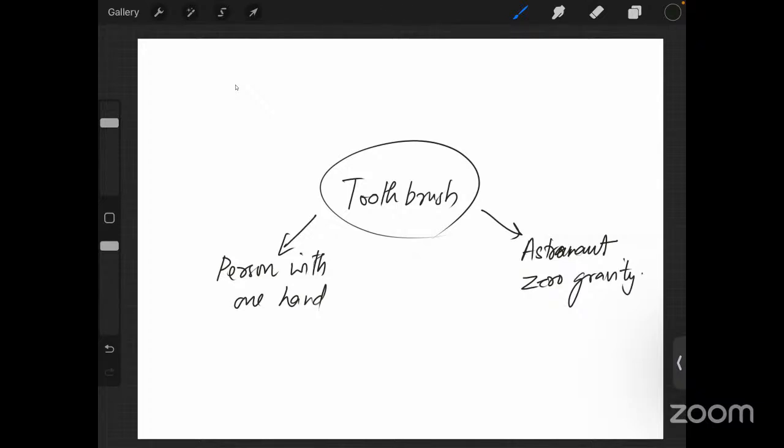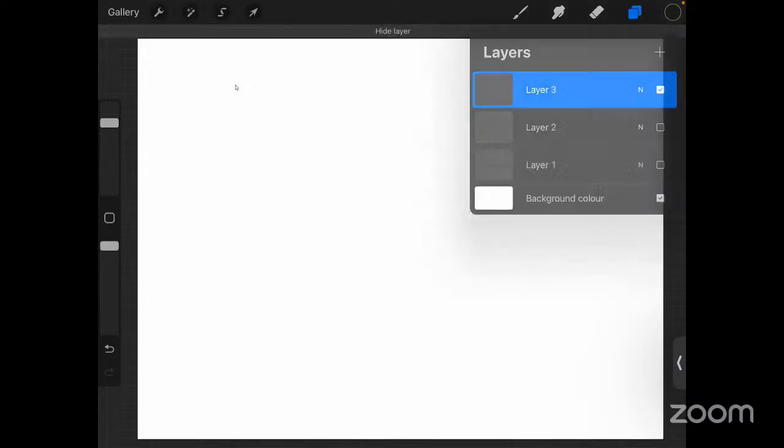Okay, so we'll take the first thing first, right? A toothbrush for a person with one hand. So he doesn't have the second hand. Now, what are the problems that we need to understand? Understanding the user, he only has one hand.